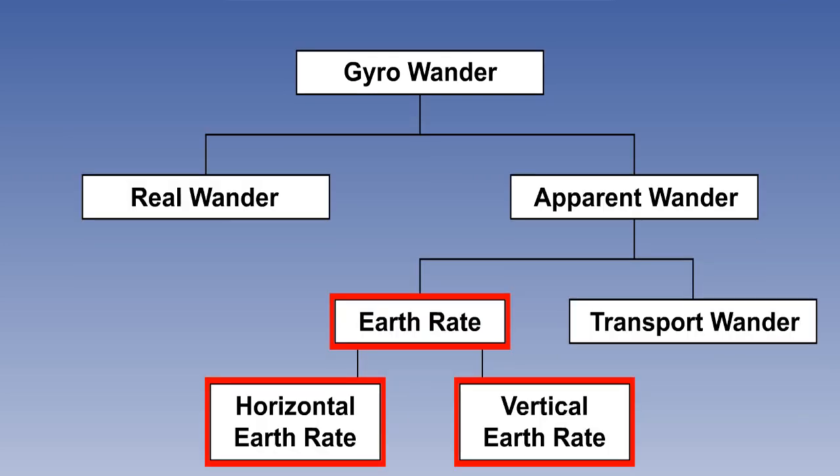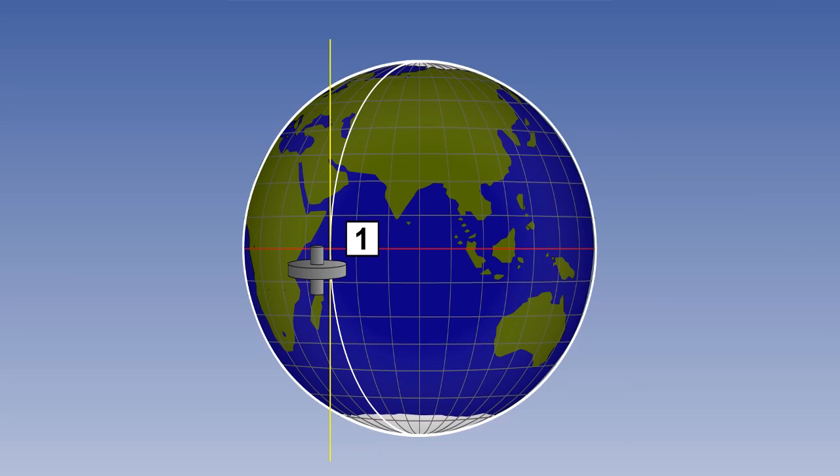The way the Earth rate varies with latitude will depend on whether it is the horizontal component or the vertical component of Earth rate which is being considered. We'll start by considering the horizontal component. Imagine an aircraft parked on the equator with the gyro axis pointing to true north, that is, aligned with the local meridian.